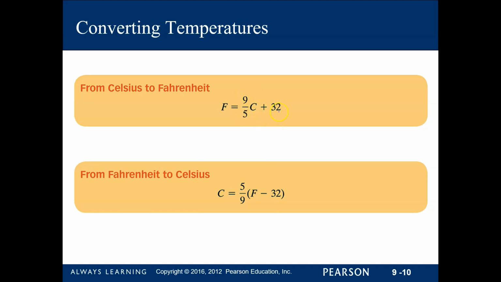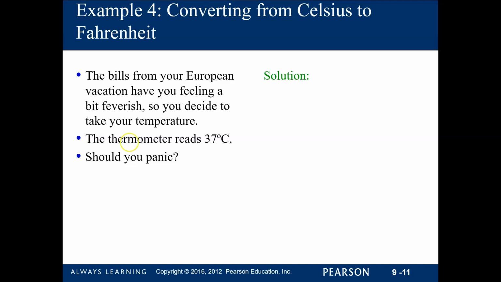After that, you add 32. If it's the other way around, you are solving for the Celsius version, you have to subtract 32 from the Fahrenheit measurement and then multiply it by 5/9. So that's the formula to use to convert whichever temperature you are given.